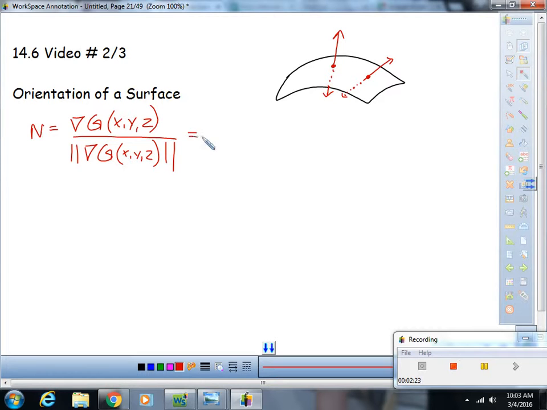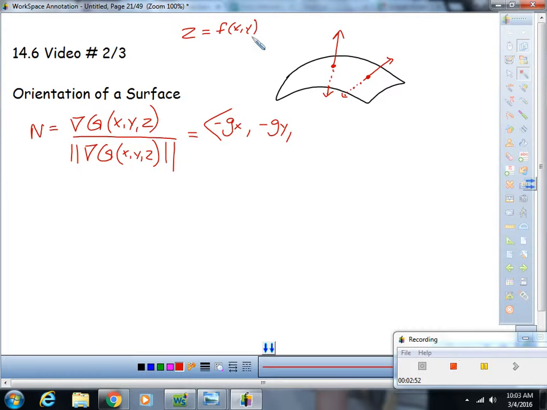Now, just a reminder on the gradient, it's minus g sub x, negative g sub y, and then the gradient with respect to z. Remember we said if this is rectangular, so if the surface is rectangular, you would write it as z equals f of x comma y.